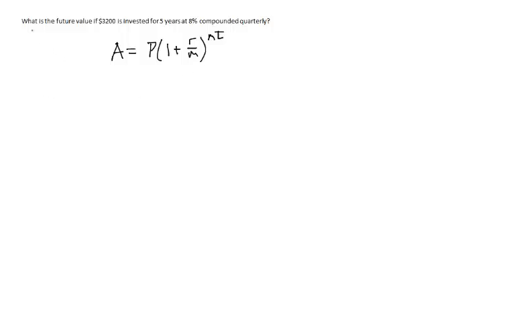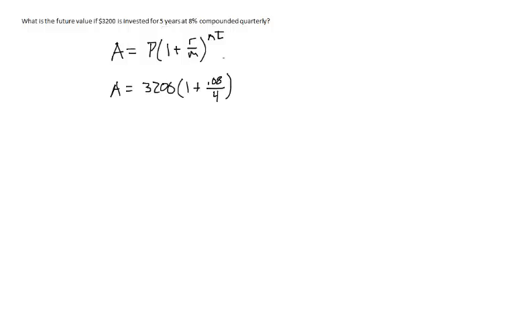So in this problem, we want to find future value, so we want to find A. So A is equal to our principal amount, which was $3,200, times 1 plus our rate divided by our compounding. Our rate is 0.08 for 8%, divided by 4, because we're compounded quarterly, so m is equal to 4.